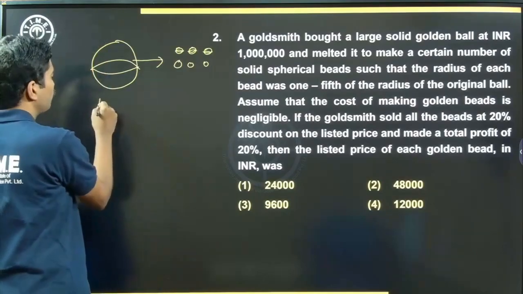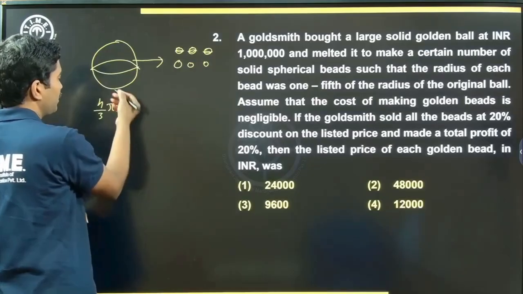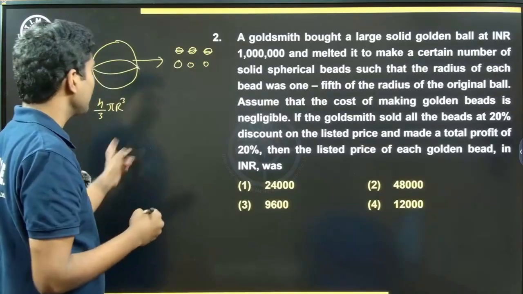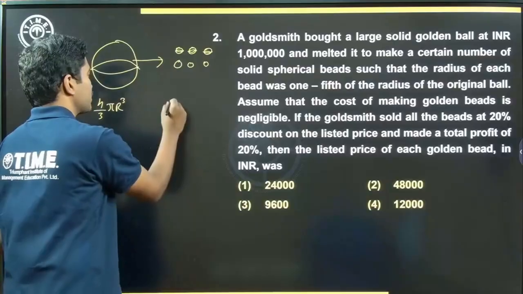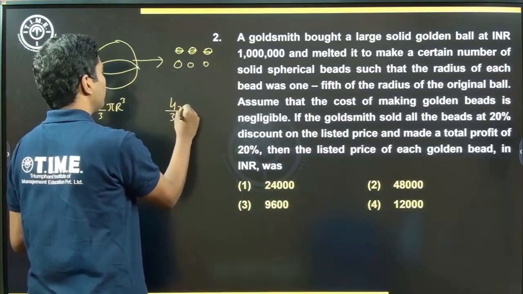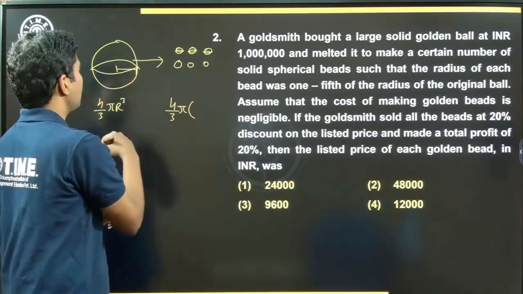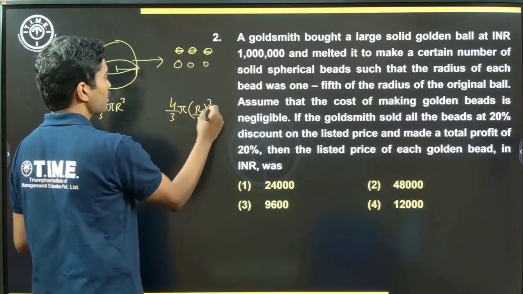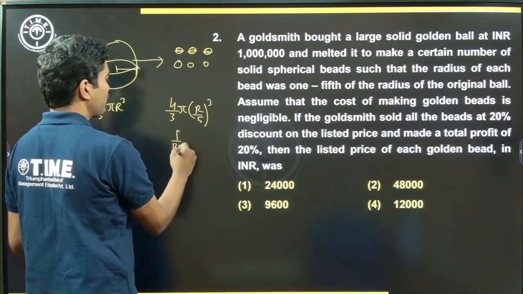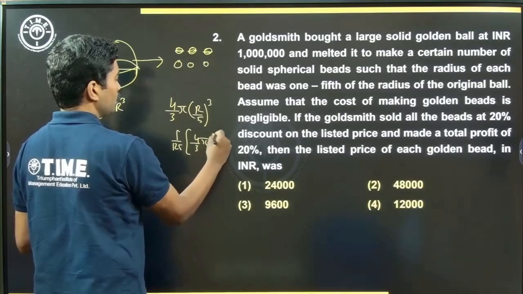Now, what is the volume of the original ball? 4 by 3 pi r cube, where r is the radius of the sphere, right? Now, these have a radius which is 1/5 of that radius. So their volume will be 4 by 3 into pi into, if the radius of the large solid golden ball is capital R, this would be R by 5 whole cube, correct? So this will be 1 by 125 times of 4 by 3 pi R cube, correct?